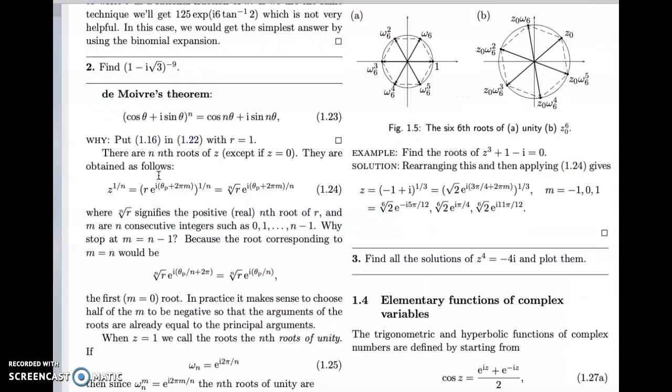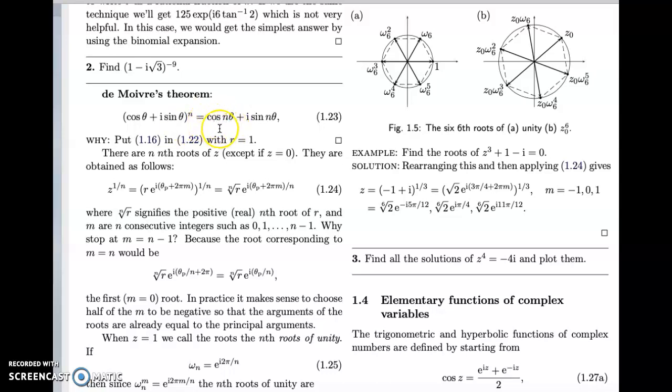So now you can do question number 2. De Moivre's theorem, hopefully you've heard about. I'm not going to really go into detail about it, just that it's particularly simple to prove using the Euler formula. So de Moivre's theorem basically says this. The use of it is that you can express multiple angle formulas.